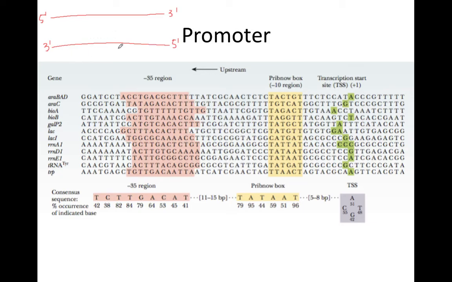As such, it would make more sense for this strand here at the bottom to be the template strand. So, if this is a template strand, this is also known as the non-coding strand or the antisense strand.